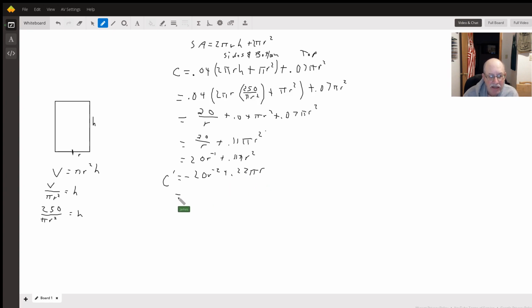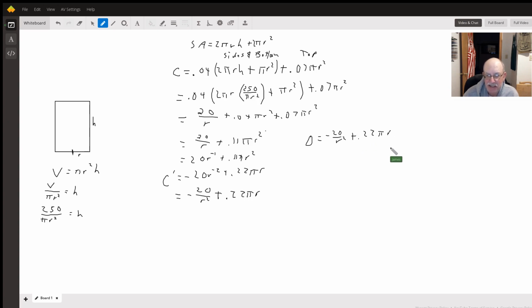And I can rewrite that as -20 over r squared plus 0.22 pi r. Now to find the minimum, we want to set that equal to 0. So now I got 0 equals -20 over r squared plus 0.22 pi r.